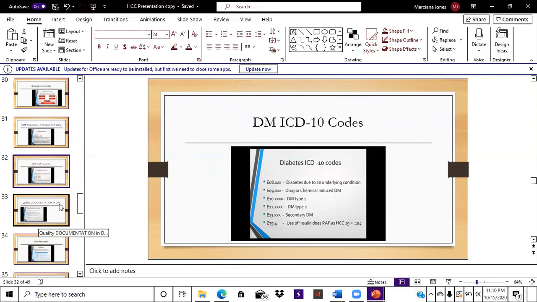And this also lets you know that there are exceptions, like I talked about. Most Z codes do not have a RAF score, but of course, there are exceptions. Like an ostomy, that's a Z code, and it has a RAF score. And as you can see, long-term use of insulin also has a RAF score.